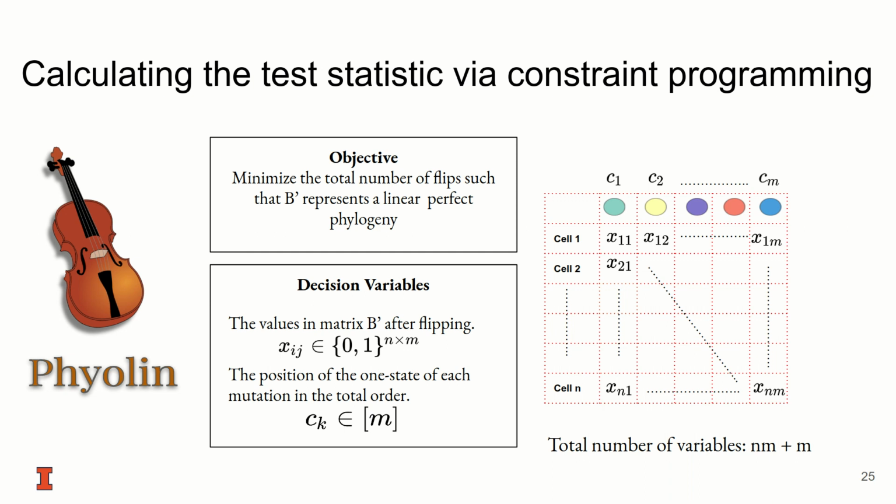To do this, we have two sets of decision variables: the set X with domain 0, 1, where each variable represents a bit in our output matrix B prime, which has the same dimensions as our input matrix, and a set of variables C, which identifies the position of the mutation in the total order. This is a helper variable for our model constraints.